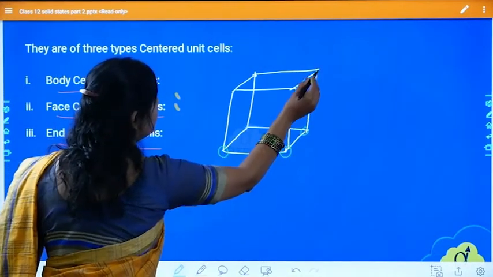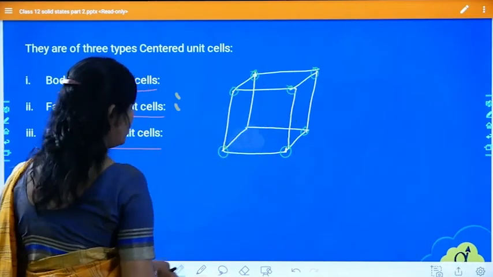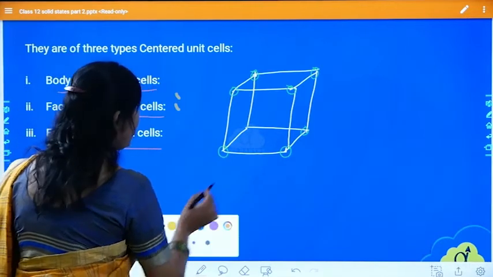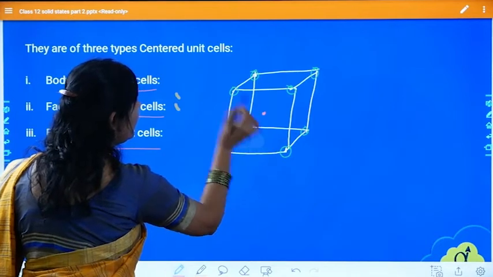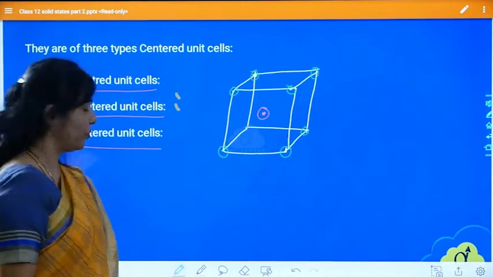These are the constituent particles, present at the corners, of course. Now apart from this, it also has one more constituent particle at the center of the unit cell. So this is one more constituent particle.